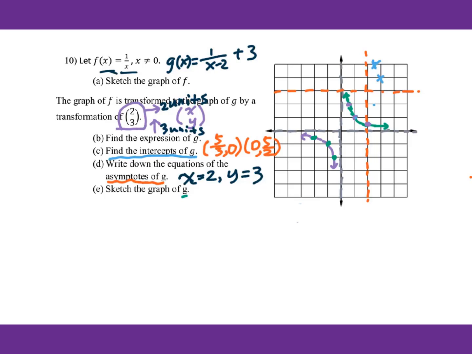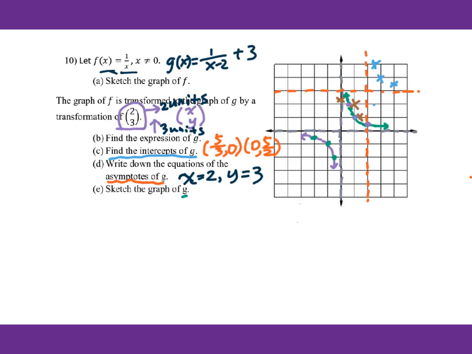This one, you go right 2 and up 3: 1, 2, 3, go here. For the other 3 points, I need to go right 2, up 3: 1, 2, 3, it's here. Then this one, go right 2, up 3: 1, 2, 3, it's here. Then you will get from here.